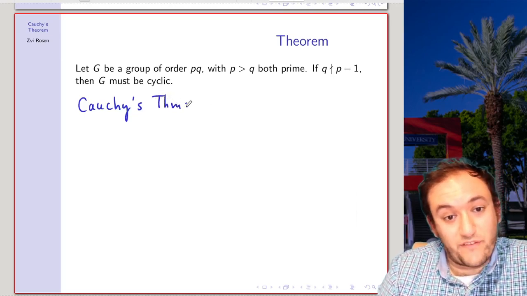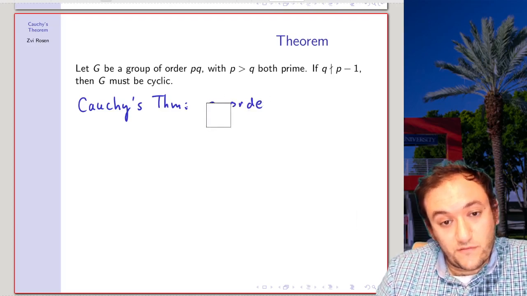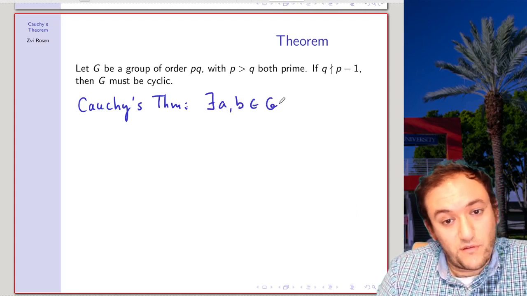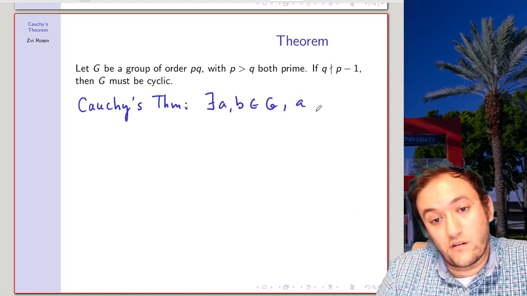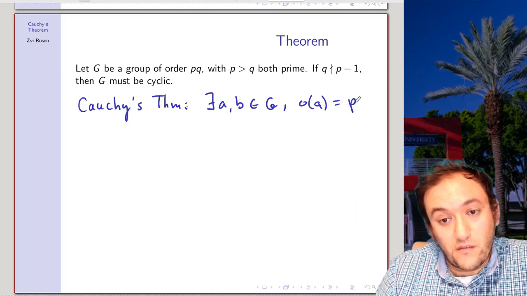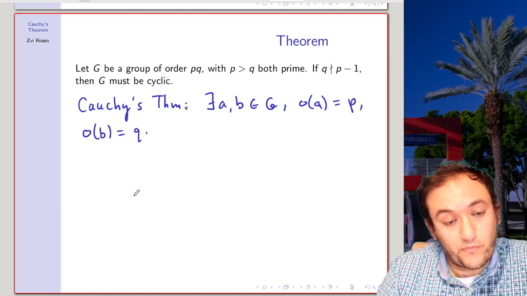Cauchy's theorem implies that there's an A and a B in the group where A has order P and B has order Q. Okay?